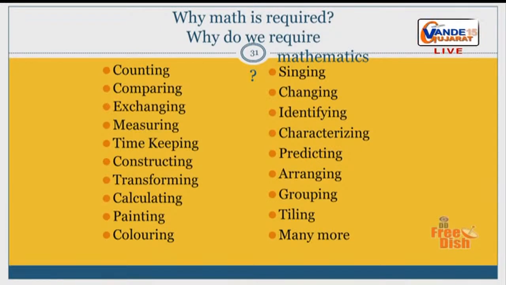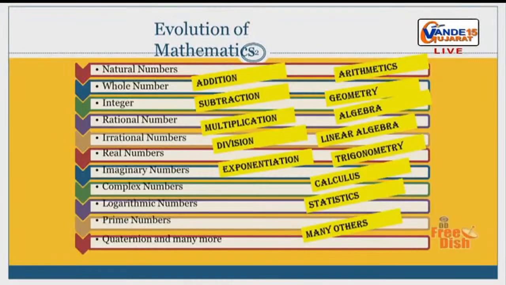You can see even tiling, grouping, arranging, predicting, characterizing, identifying, changing, singing, coloring, painting, all these things are required; everywhere we require mathematics. When we talk about the evolution of mathematics, these come: natural numbers, whole numbers, integers. All these numbers primarily evolved for the requirement of comparison.